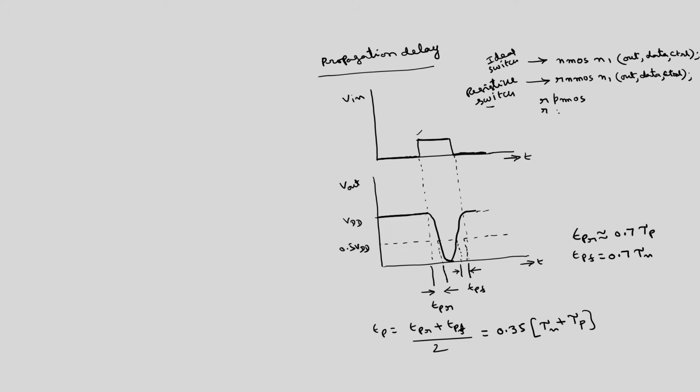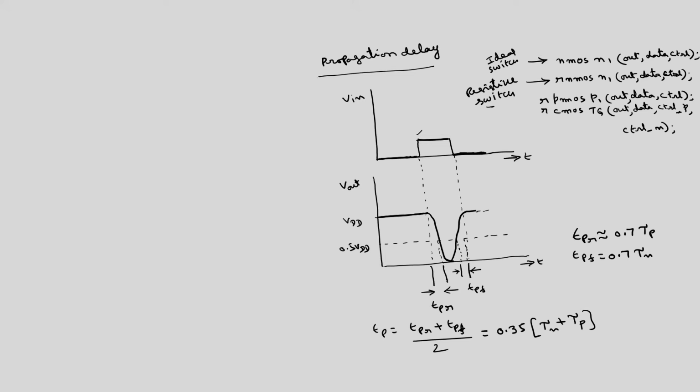Similarly, rcmos c1 (out, data, ctrl) control, and cmos is normally a TG, transmission gate, as we discussed in the earlier lecture. So, this will be out, data, with 2 controls, control_p and control_n. These are the 3 primitives for the resistive switches.